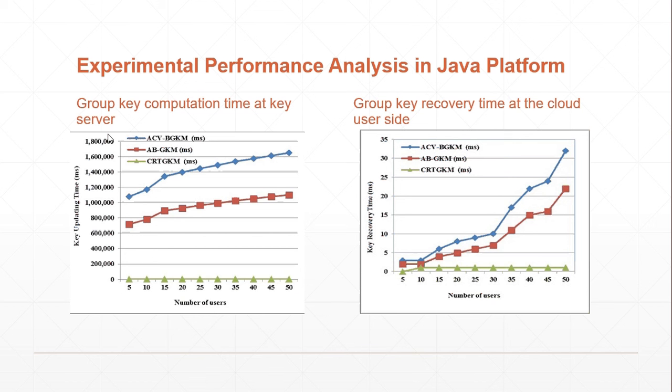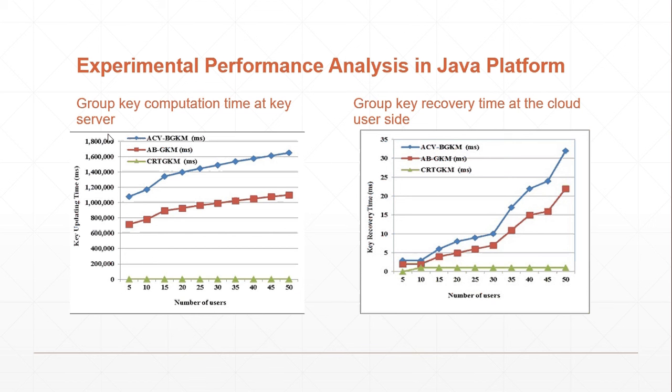But the CRTGKM still runs very fast, almost under 20 milliseconds for 50 users.